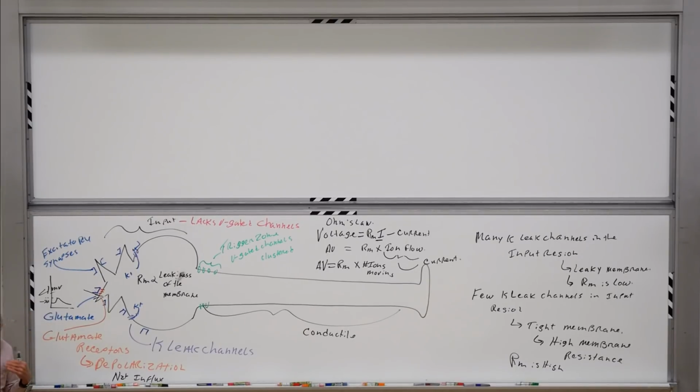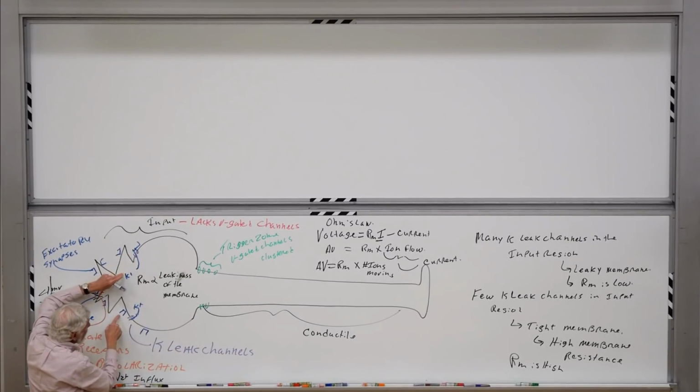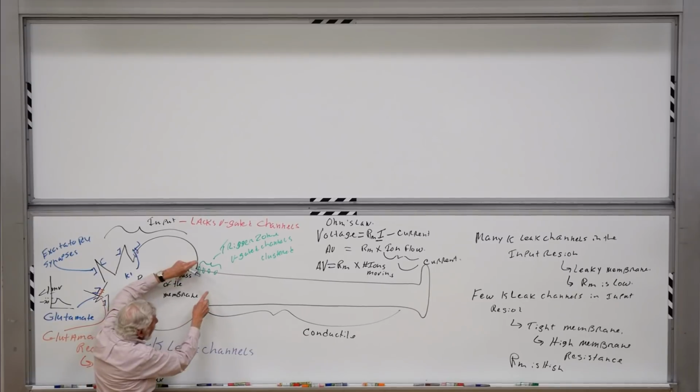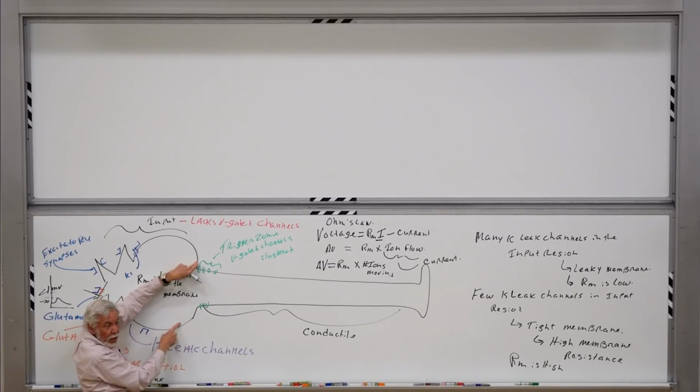Well, if we think about this now with an R sub m as being a big number or a small number, if R sub m is high, if we have a tight membrane, if we have very few pathways for the potassium to leak out. Conceptually, we said if we have few pathways for the potassium to leak out, most of this charge will reach the trigger zone and depolarize the membrane.